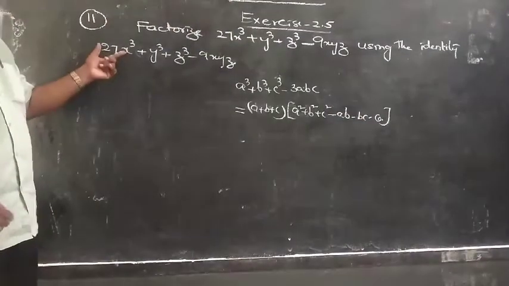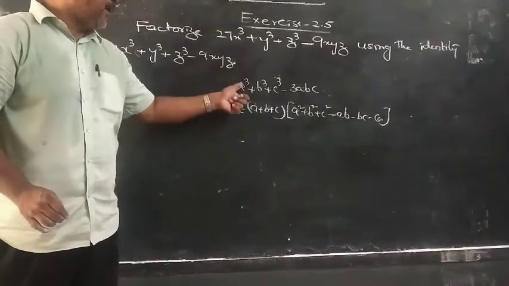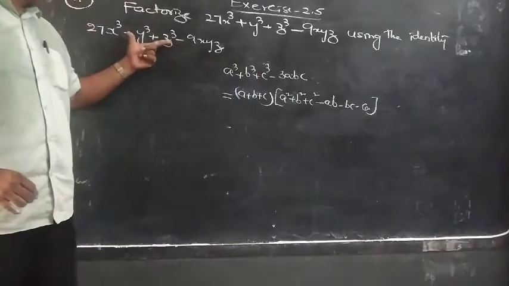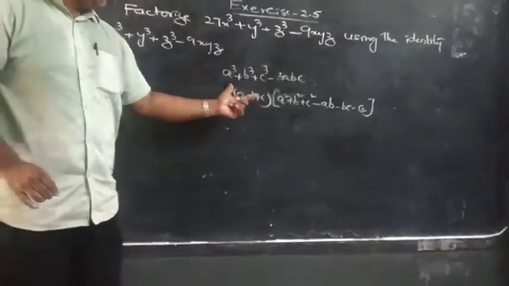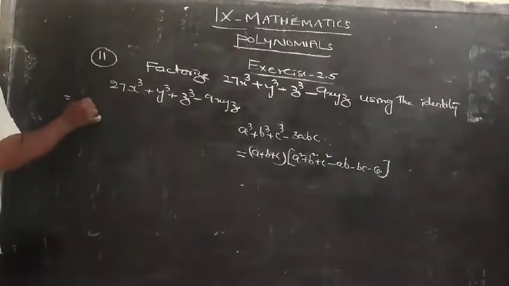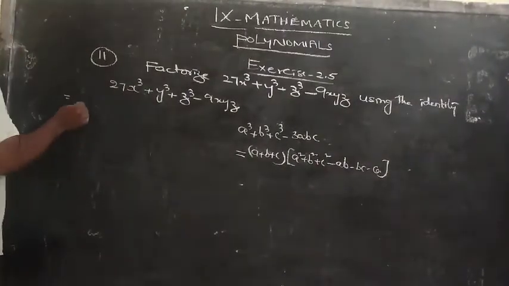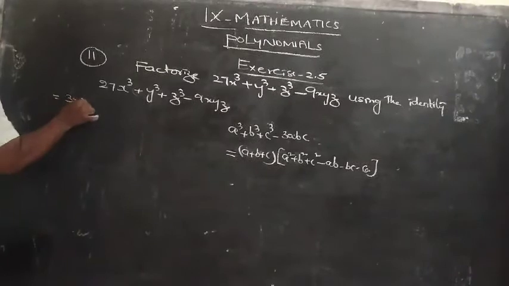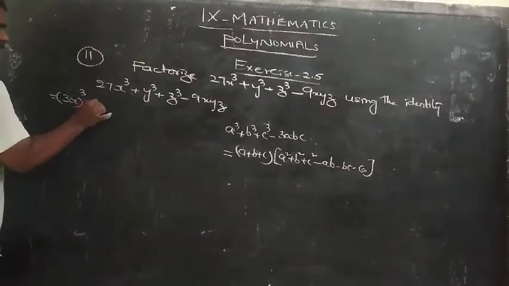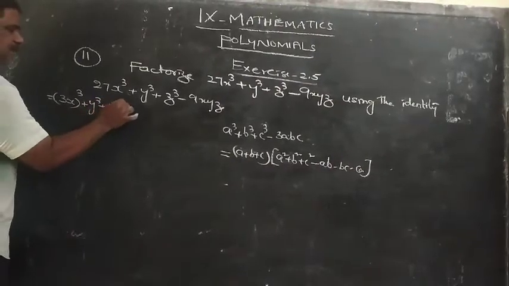Now if the given problem is written in the form of a cube plus b cube plus c cube minus 3abc, then we can write the two factors. 27x cube you write like this, 3x whole cube, that is a cube. This is b cube, this is c cube.